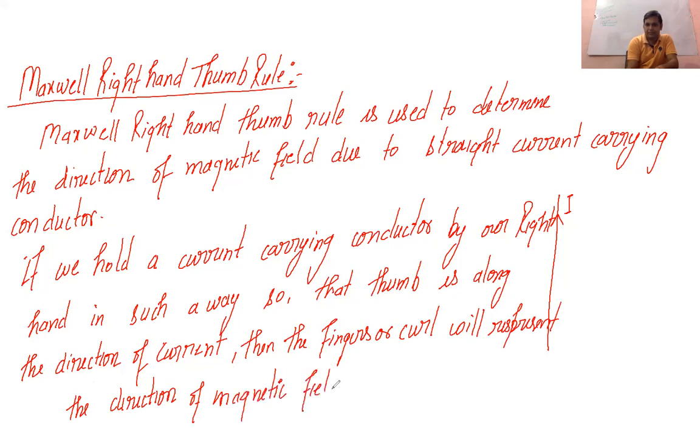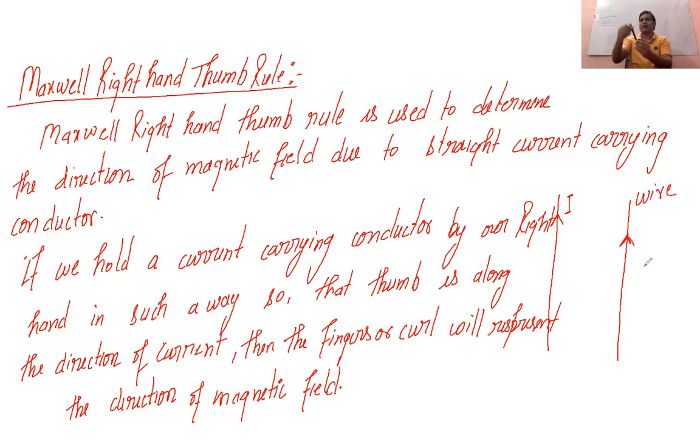Let's try to understand here. I made the wire here, but it is just behind the text, so once again I am making the wire here. So this is the wire, and the current is flowing in this direction.